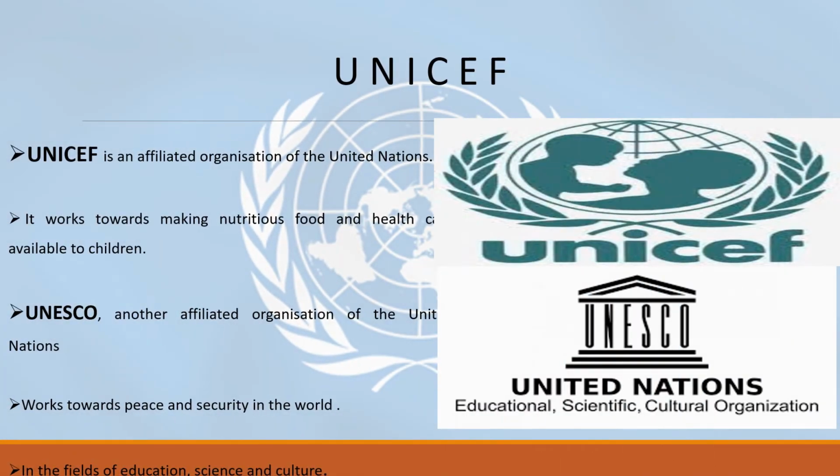Children, let us understand the role of UNICEF. As we have studied, UNICEF is an affiliated organization of the United Nations. It works towards providing nutritious food and health care to children. Several workshops were organized in India to find measures to overcome malnutrition among babies and children.